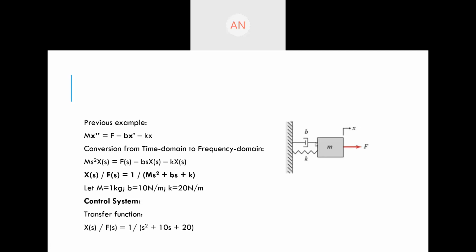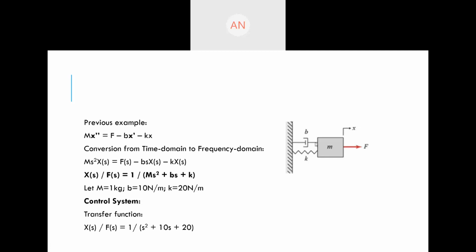And this is a form of control system. I was about to explain the control system, but it is 56 already, so I'm sorry about it. But you can learn about it on the internet, it's very clear.